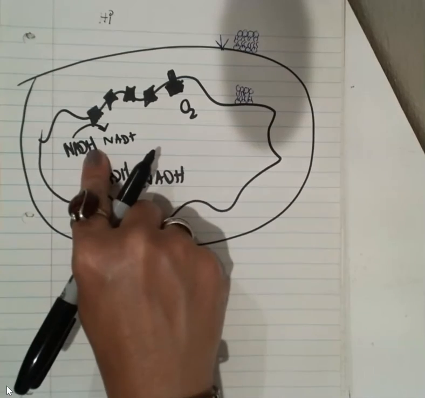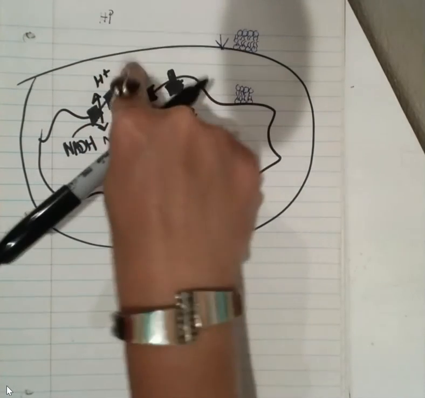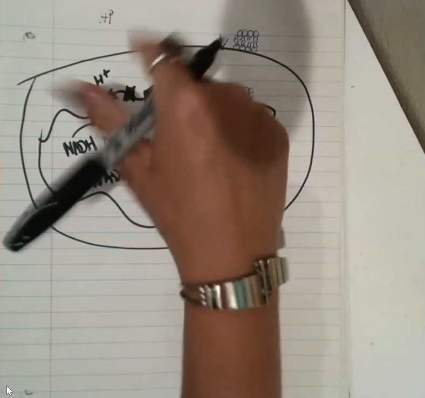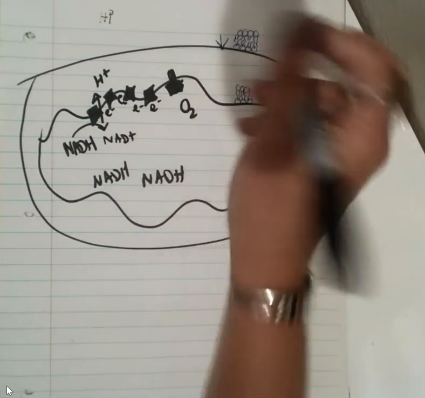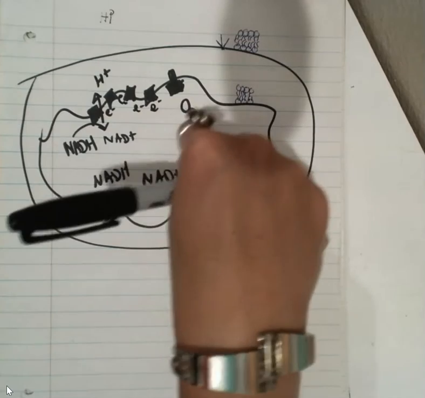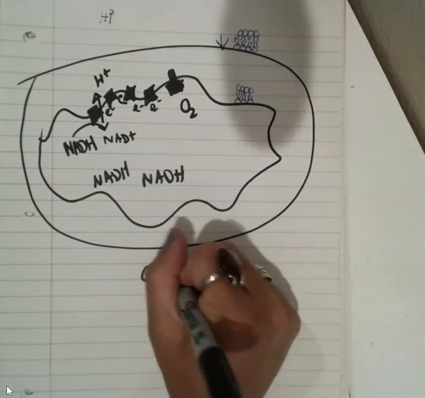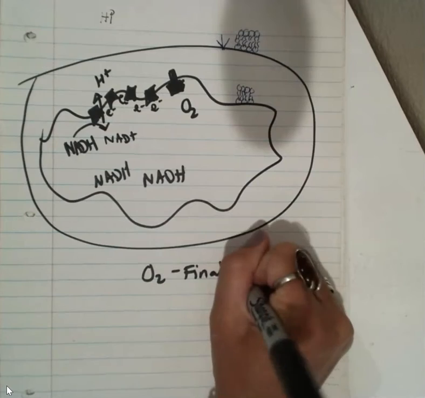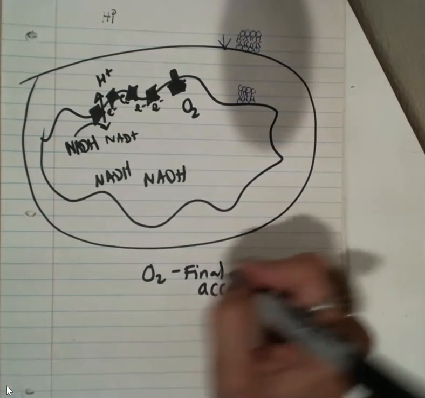Now, that hydrogen is going to get pumped up into this intermembrane space, and the electrons are going to get pulled down the electron transport chain, where at the very end oxygen is the final electron acceptor. It's very electronegative.